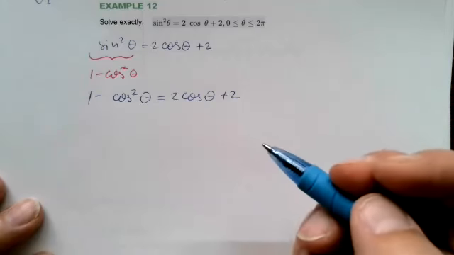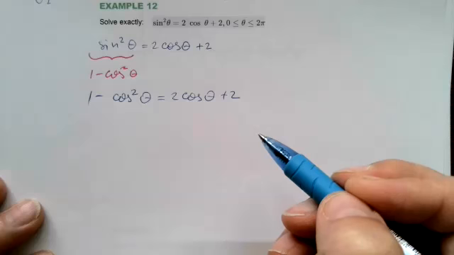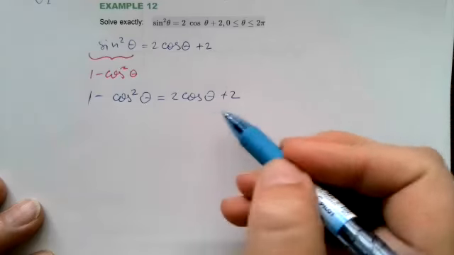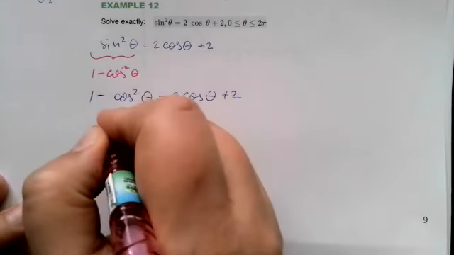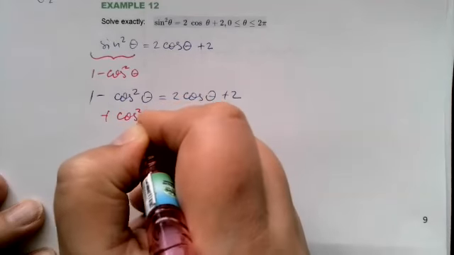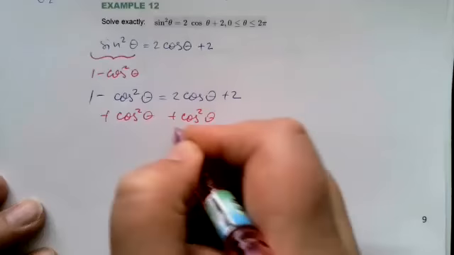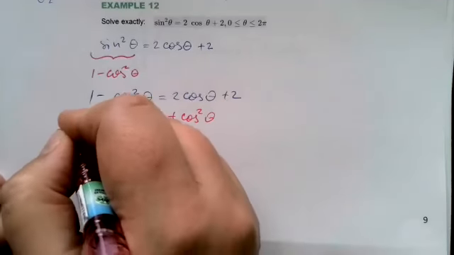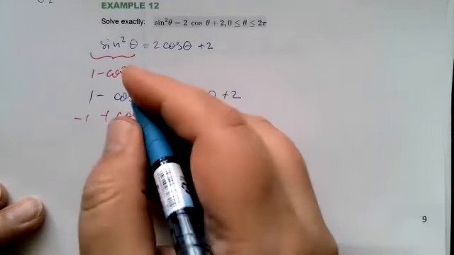So what I'm going to do is move everything over to one side, probably to the right side, and make this side equal 0. So plus cosine squared theta to have cosine squared negative, but it's not imperative. You can do it either way you like.